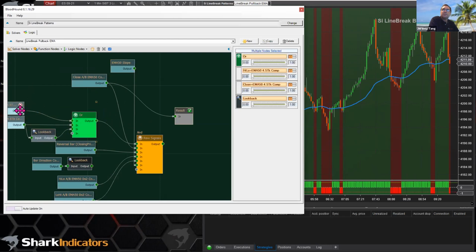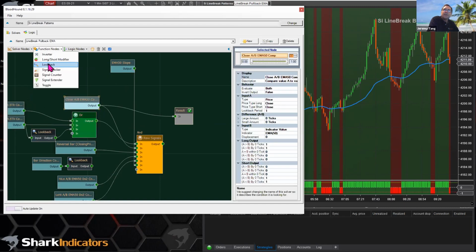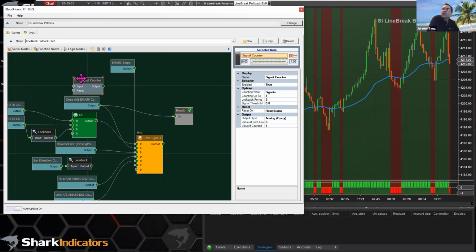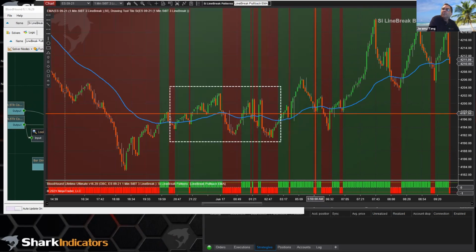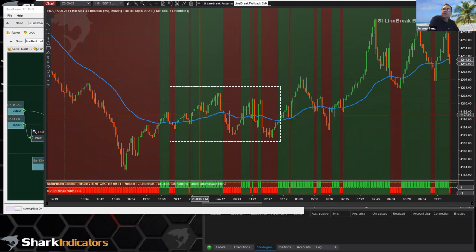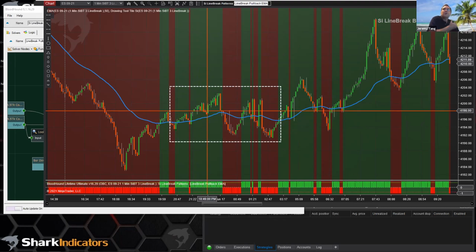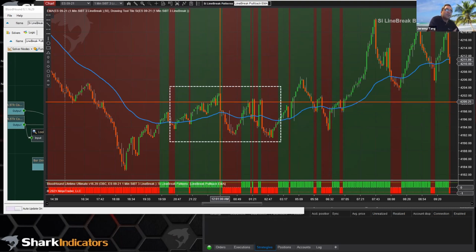I'll just do some little adjustments there. And BloodHound has counting function nodes. We call these function nodes here. And so I can count the number of bars, or I can put a minimum bar count requirement here. I can say the market needs to be above the EMA X number of bars before the bounce signal is considered a valid signal, right?